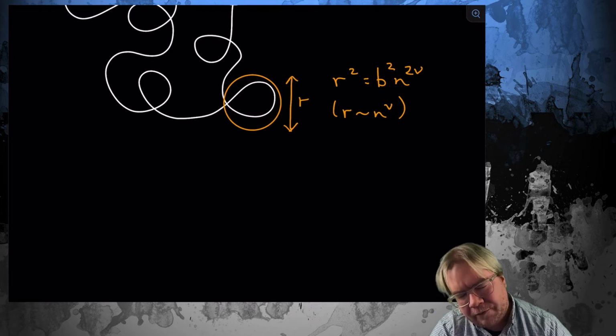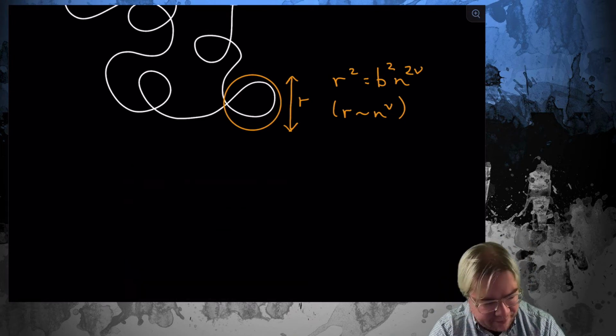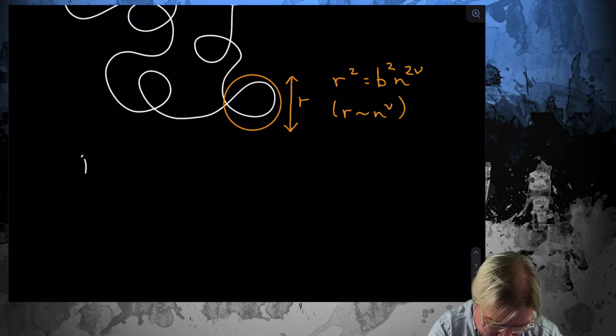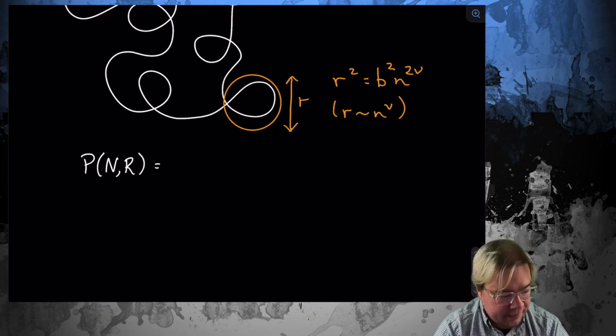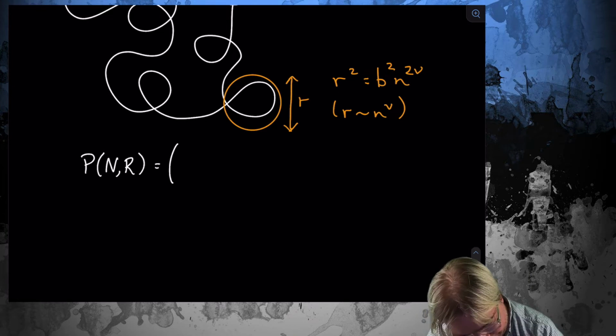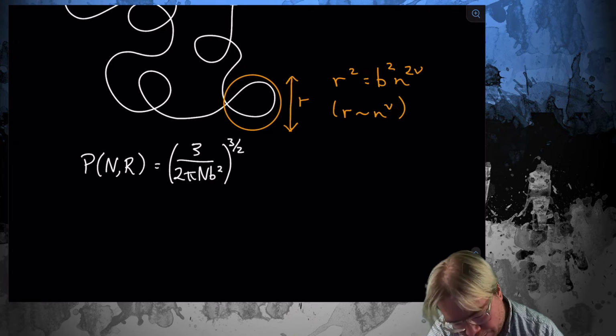Now, we've looked in a little bit more detail at this, because if I have a polymer chain, we've looked at the probability of having a polymer chain with n monomers and a size r. And what we saw is that is equal to this prefactor, 3 over 2 pi n b squared to the 3/2 power.